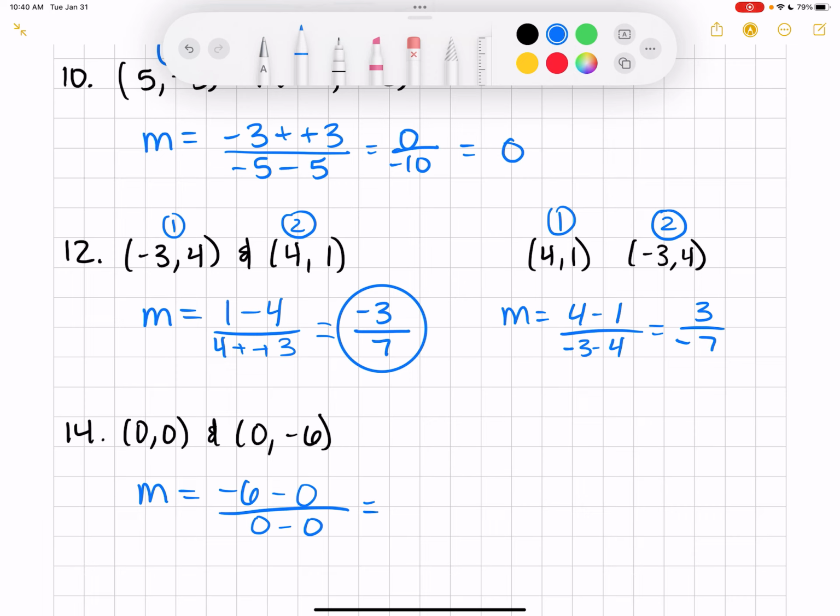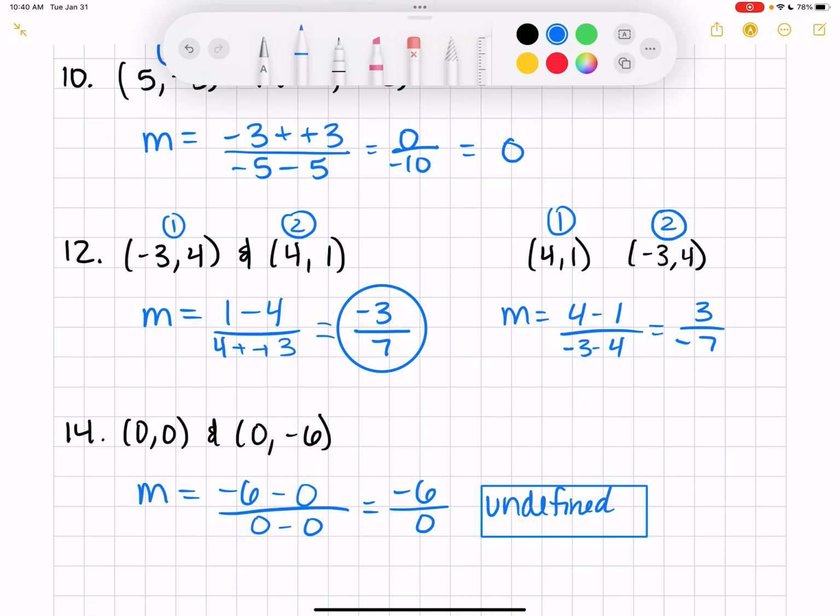So negative 6 minus 0 is negative 6, divided by, well, 0 minus 0 is 0. So what does that mean? Undefined. Yep, undefined. So all you would have to do after you do that is just write the word undefined, and that would be what you would officially classify as the slope of your line, that it's undefined.